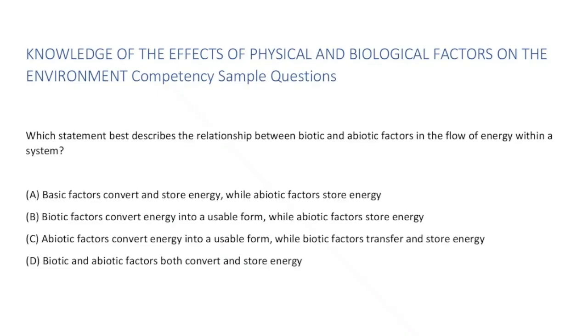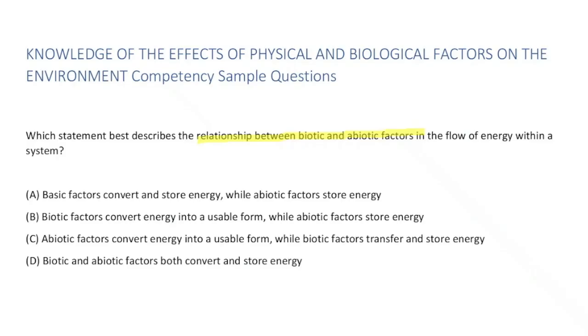Again, let's take a look at the keywords within the question. We notice that it's referring to the relationship between biotic and abiotic factors and the flow of energy within the system. So it's super important that we know and understand the definitions of biotic and abiotic in order to answer this question. So abiotic factors, such as sunlight and water, are necessary for processes of photosynthesis, which then converts energy into a usable form.